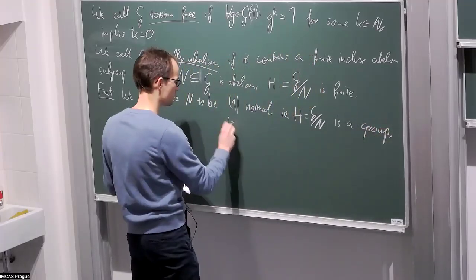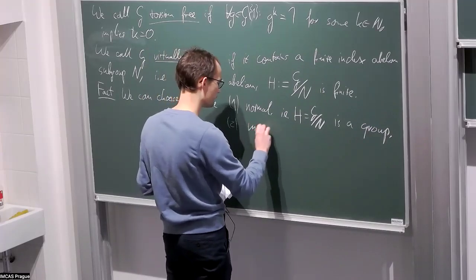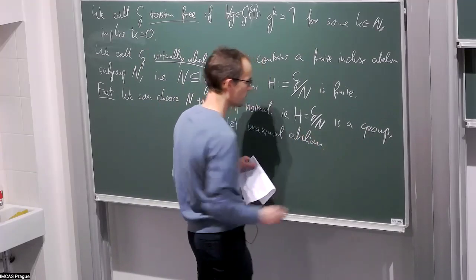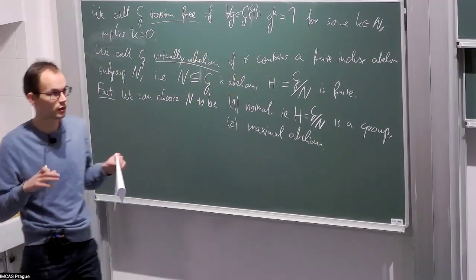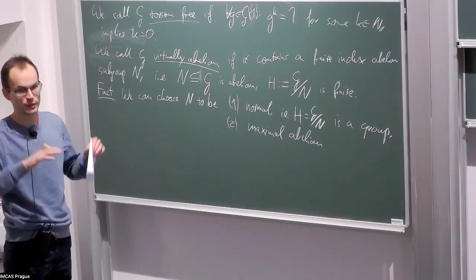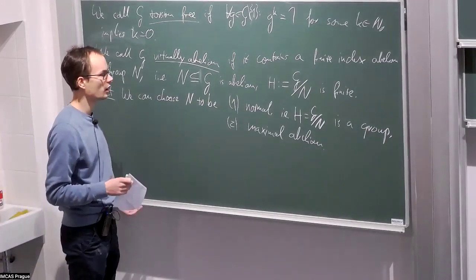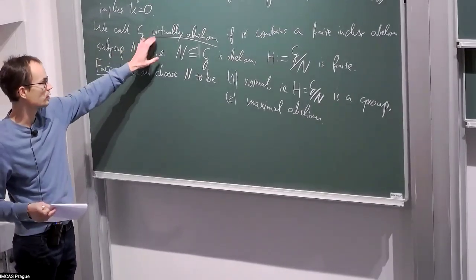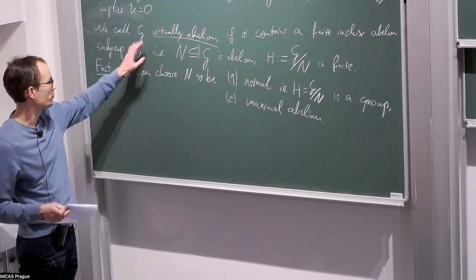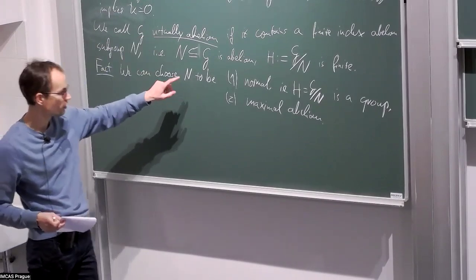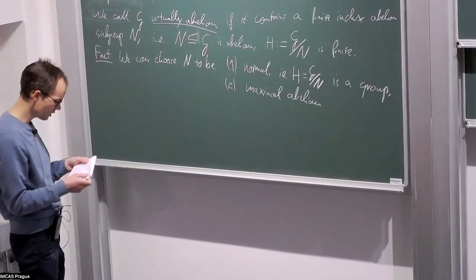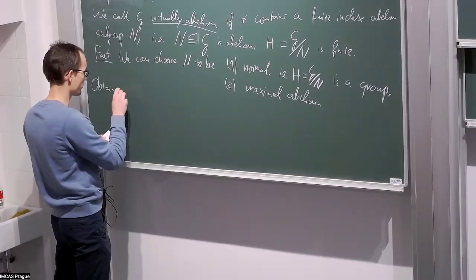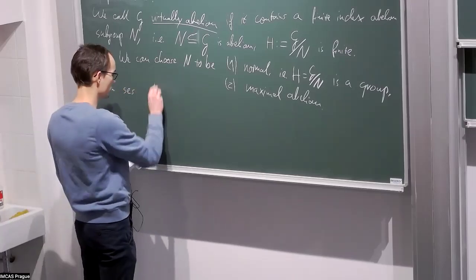And secondly, maximal abelian, meaning that it is not properly contained in any bigger abelian subgroup. So we start with the assumption of virtual abelianness, then we obtain a normal abelian subgroup, and from that we obtain a short exact sequence of groups.